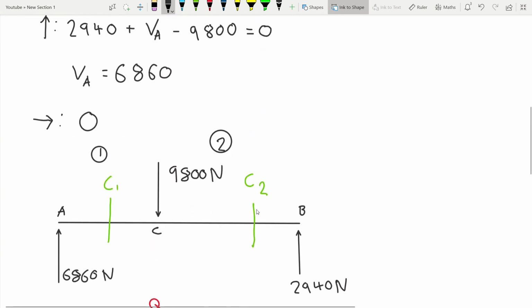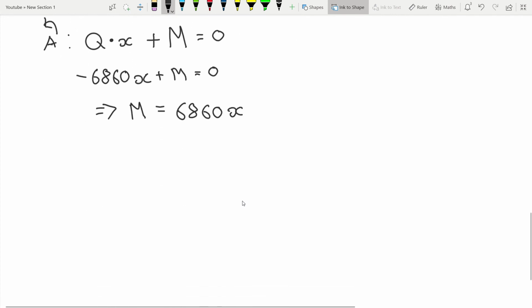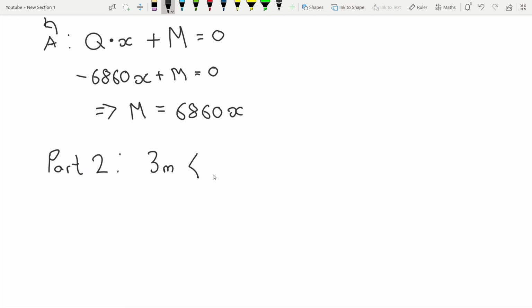I'm going to take this again for part 2. Section cut 2 from C to B. Part 2. So 3 meters less than x up to the end of the bridge, which is 10 meters.